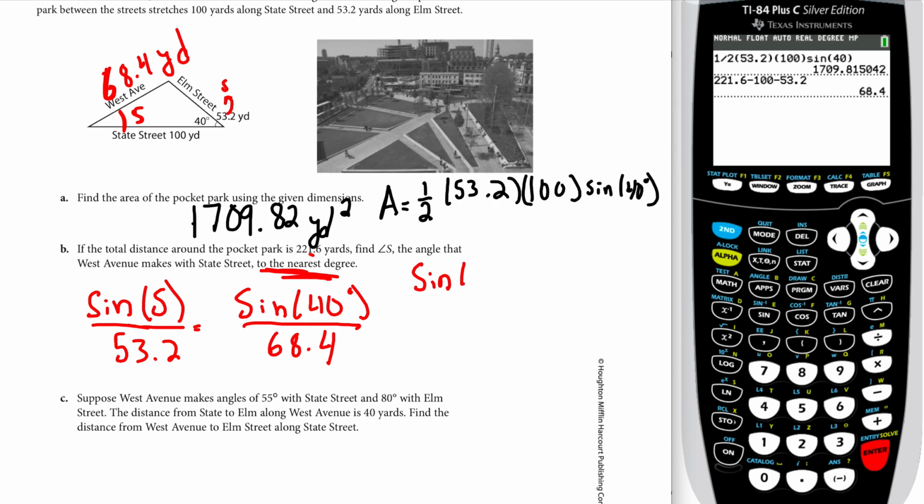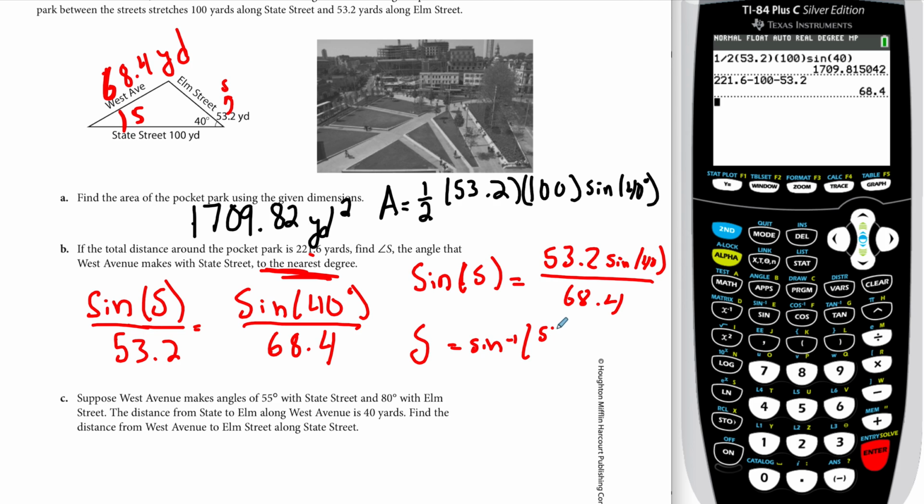So the sine of s is 53.2 times the sine of 40 over 68.4, which means that s is equal to the sine inverse of 53.2 sine of 40 over 68.4.